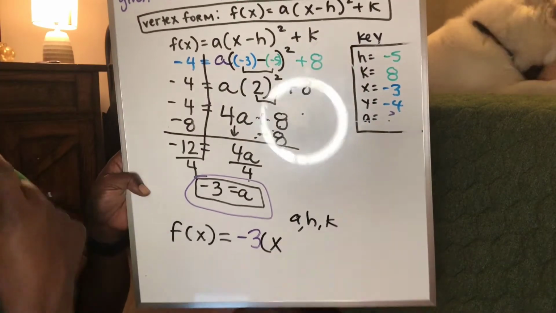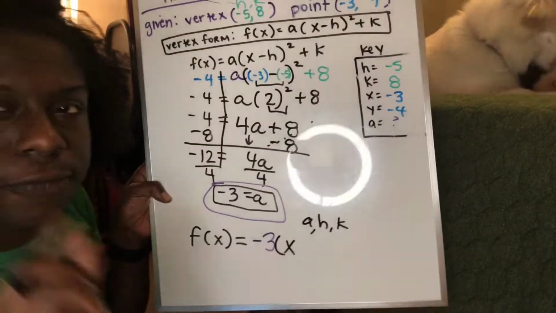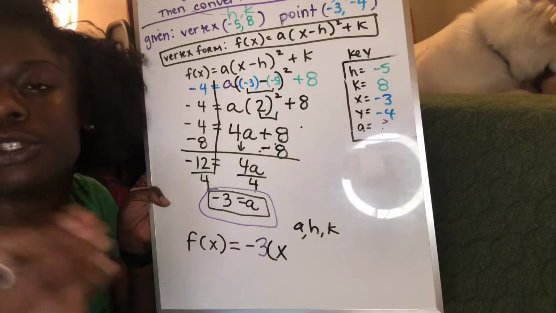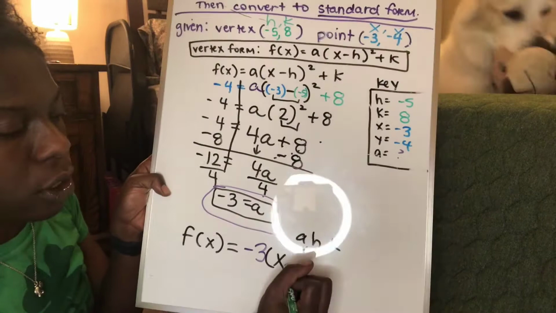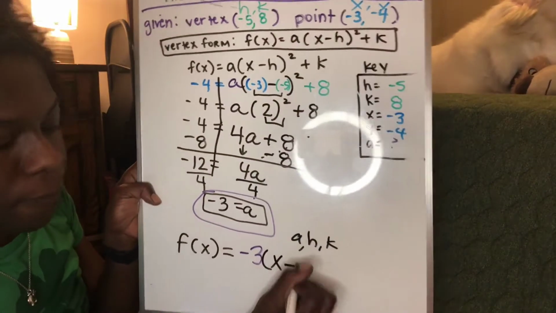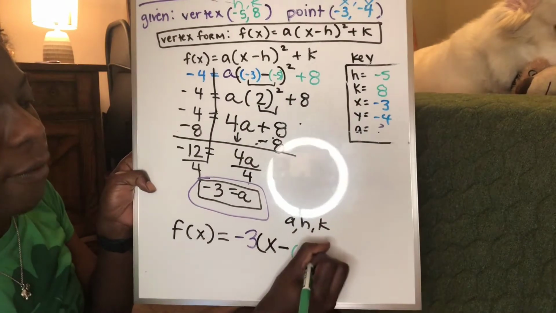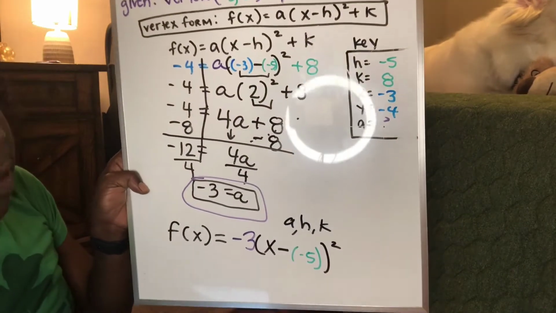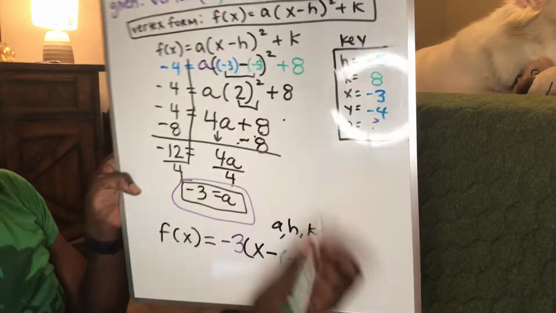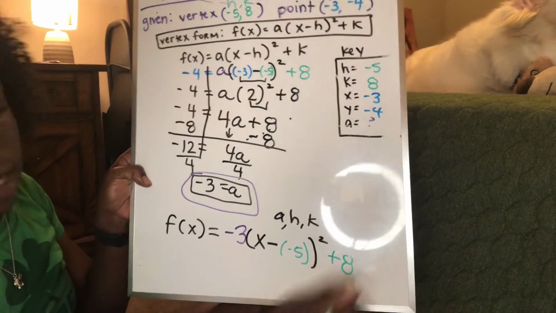Okay? X minus h. Now here's where it's very, very important that you understand your integer rules and your signs. My h is -5. So I have to subtract a -5 and then square that, right? And then my k is 8 and it's plus k, so I'm going to add 8.